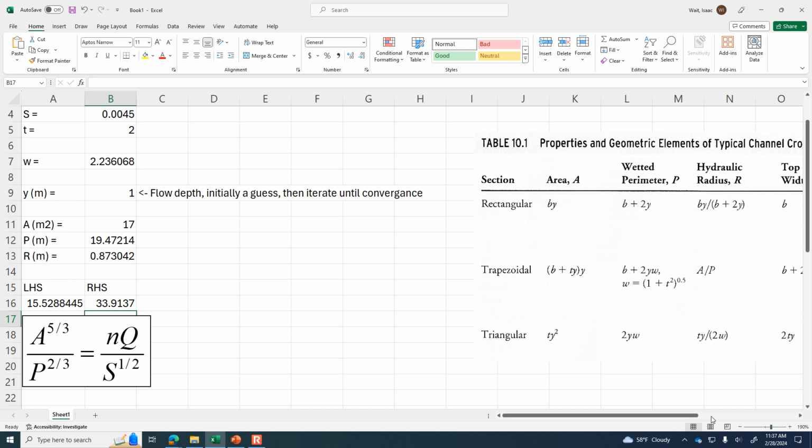Okay, so let me just go to the left-hand side and the right-hand side one more time. What we've got on the left-hand side is area to the 5/3 divided by wetted perimeter to the 2/3. And the left-hand side is always going to be changing because it's dependent on the variable of y. Y is always going to be changing.